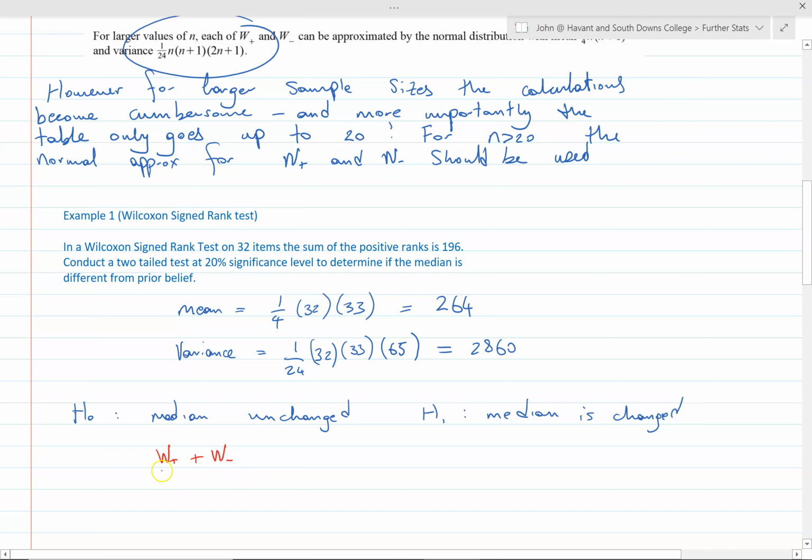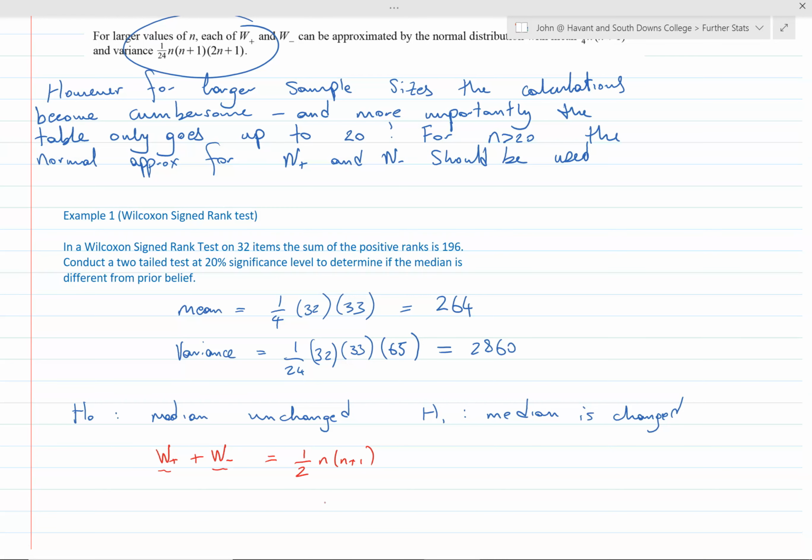If you'll recall, we worked out both of these and then picked the lowest one when we were doing the Wilcoxon test, and W plus and W minus together are just the sum of the counting numbers, so it's just half n(n+1). So that's a useful check when you're doing those results.